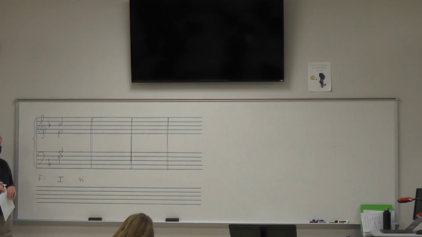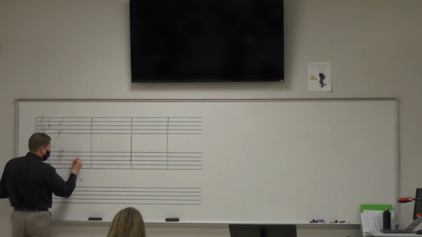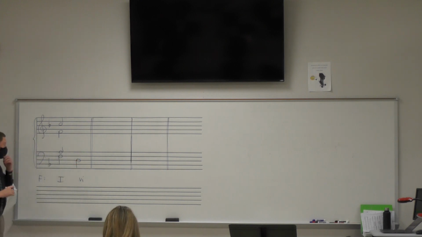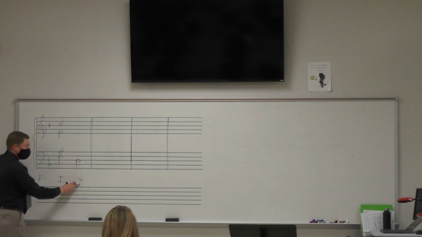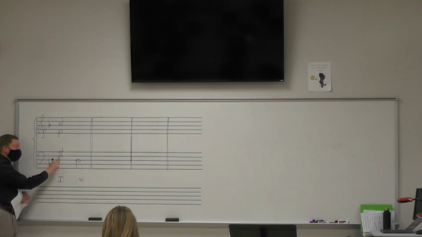D. Yes, because scale degree 6 in F is D. So the root of a vi chord will be D. Notice now the roots are a third apart, not a fourth apart.